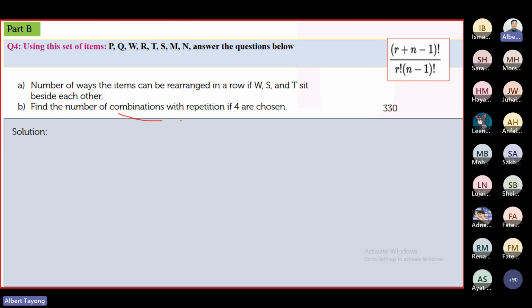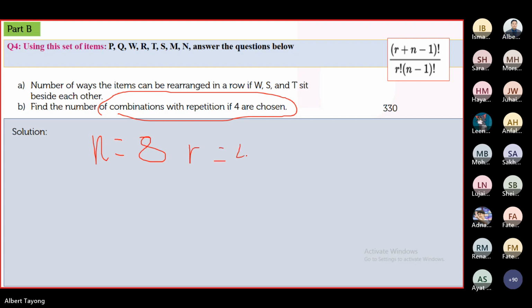We have our N is 8 and our R is equal to 4. Combinations with repetition, we have 8: 1, 2, 3, 4, 5, 6, 7, 8. Our R is this one, 4 are chosen. An example of that is PQWR.